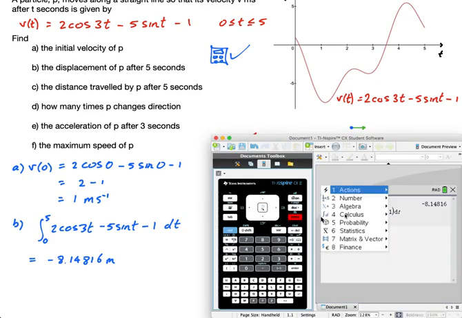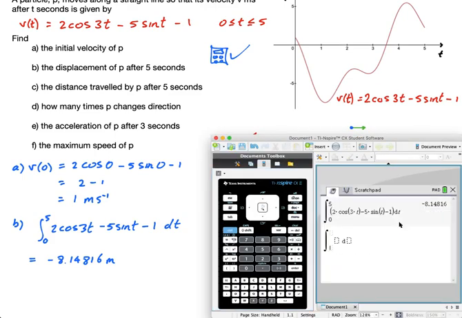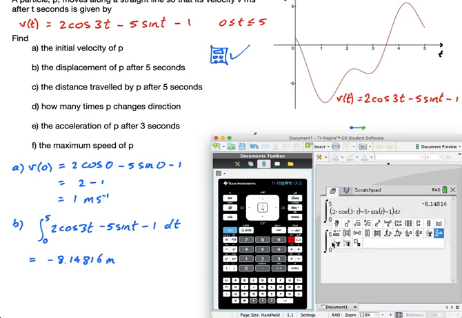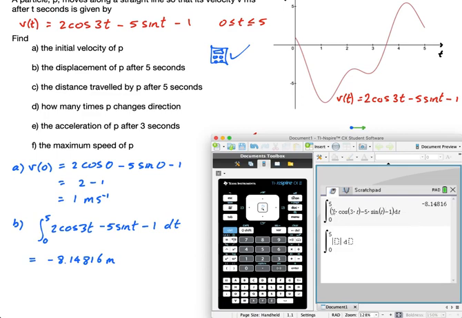So menu, calculus, numerical integral. I need 0 to 5, and here I want to put these modulus signs, and I want to copy that in there, Control C and Control V. Perfect.